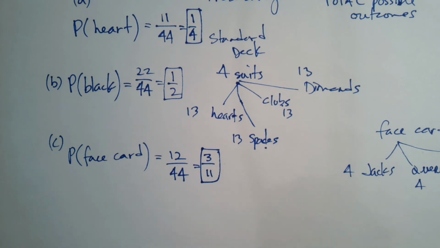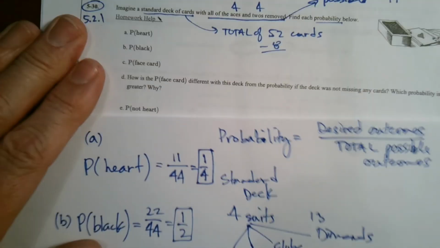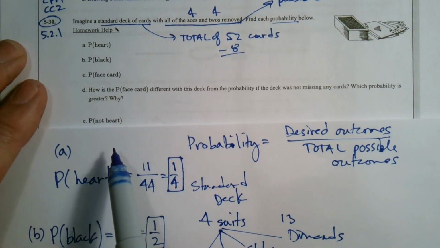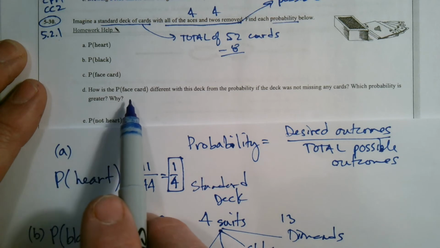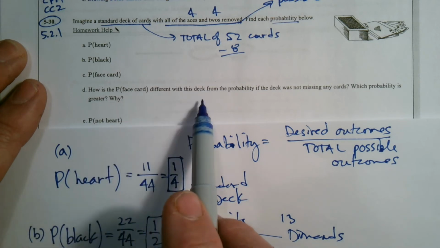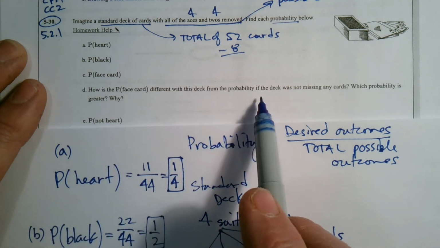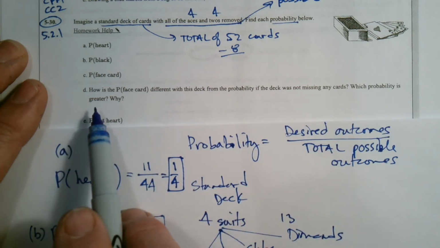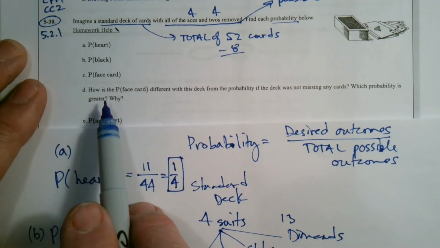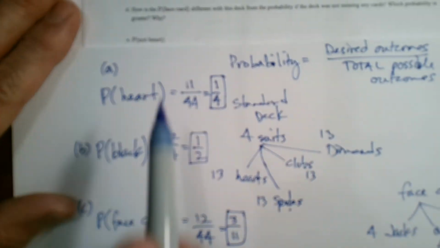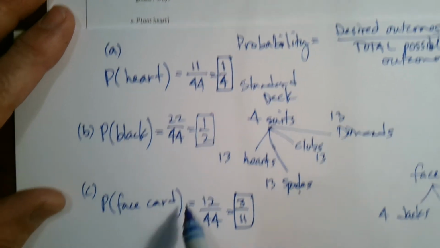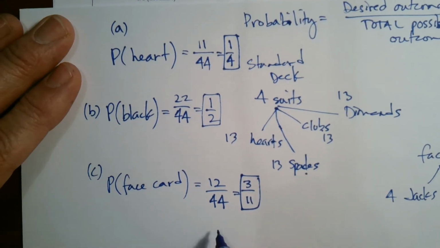All right, and D, let's go back to D. D is a little longer. It says, how is the probability of a face card with this deck different from the probability if the deck was not missing any cards? Which probability is greater? So we found the probability of the face card for our non-standard deck.